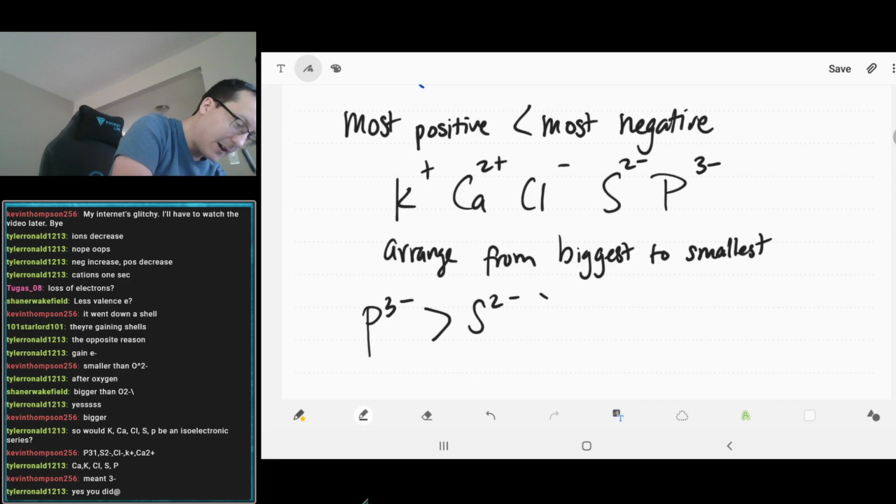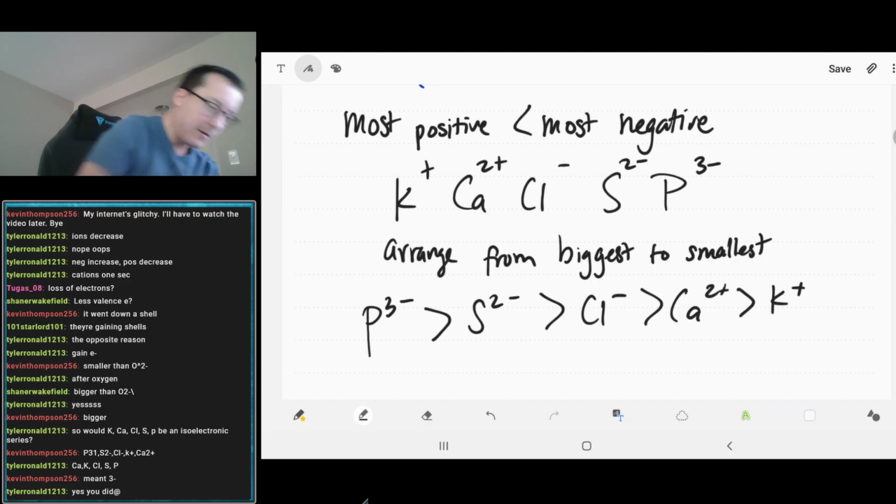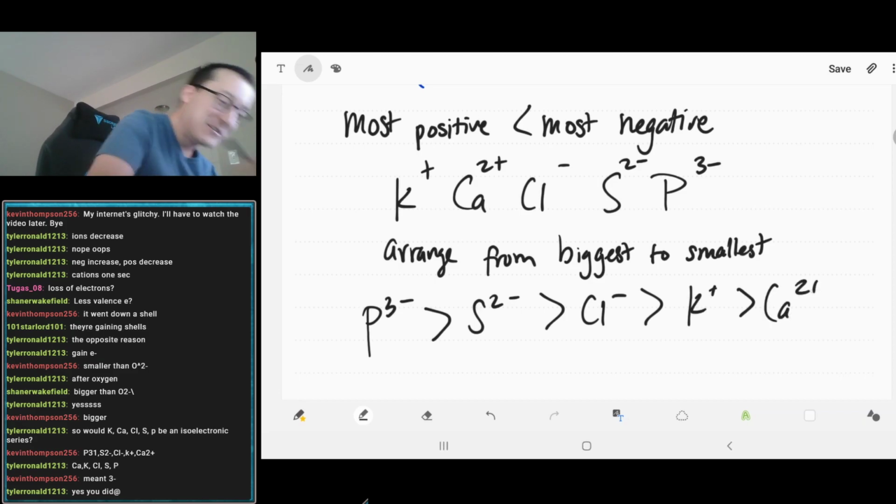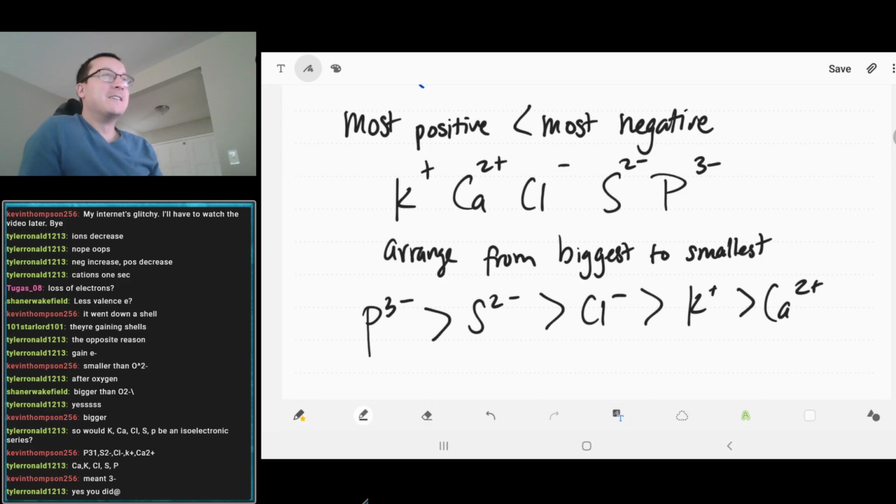Then sulfide, then chloride, calcium, potassium. Oh, I'm sorry. I switched those two, didn't I? I just reversed the order up top. Same on me. So, there we go. So that's not too bad.